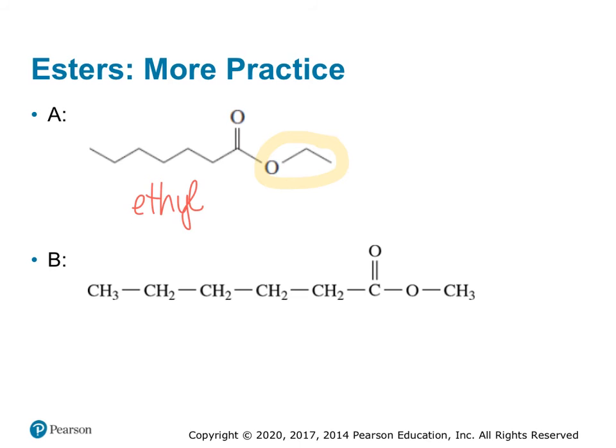Then over here is my carboxylic acid part, numbering its carbons 1, 2, 3, 4, 5, 6, 7. So that's heptanoic acid. So we would name it heptanoate, ethyl heptanoate. So from heptanoic acid to heptanoate.